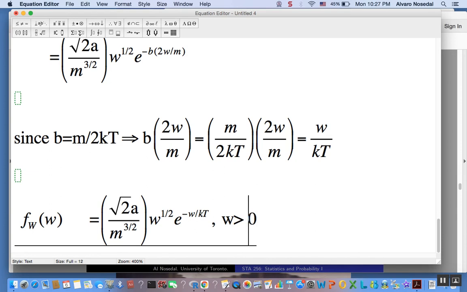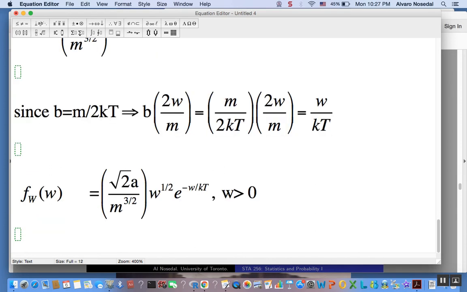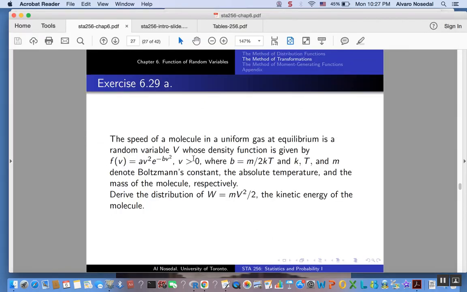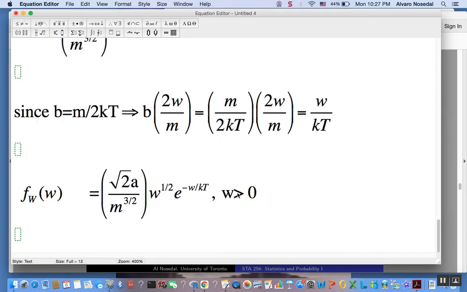And what we're going to have is that f of w will be 0 otherwise, right? Because this guy is going to be 0 otherwise. Okay? But the non-zero part, the interesting part, is this one here, right?